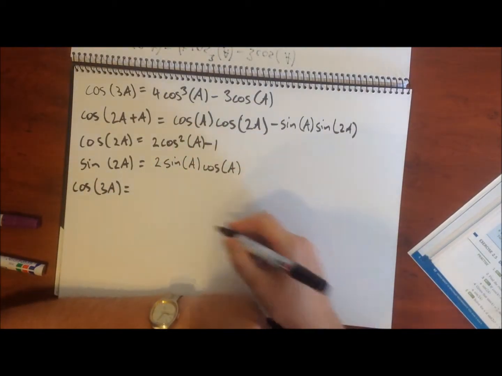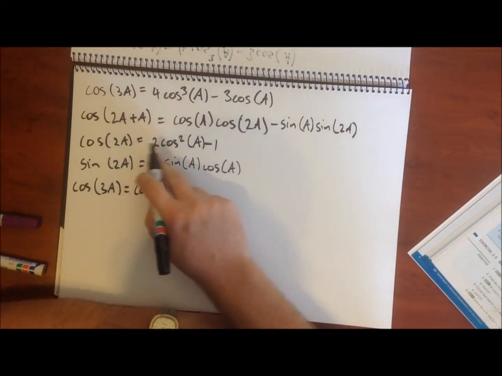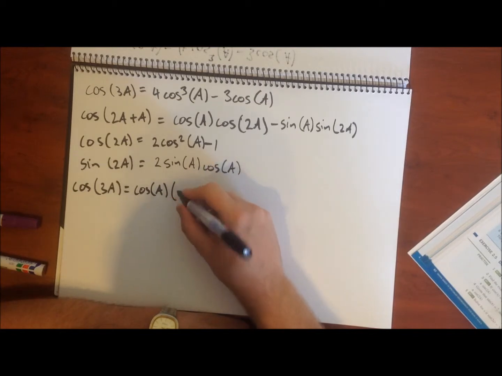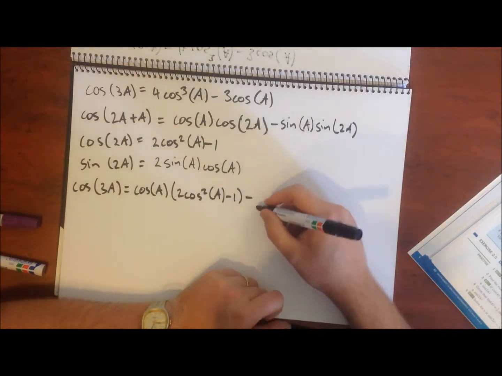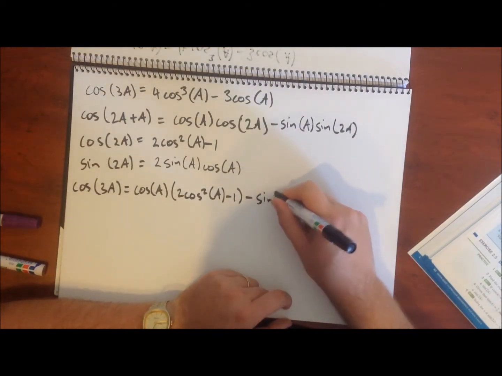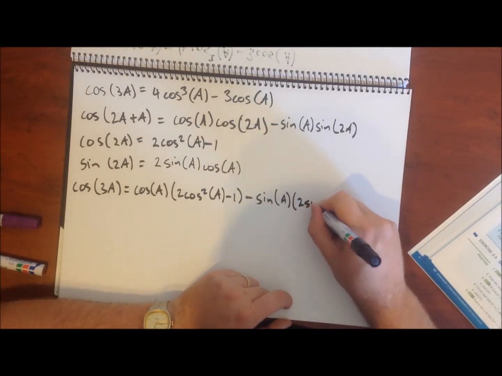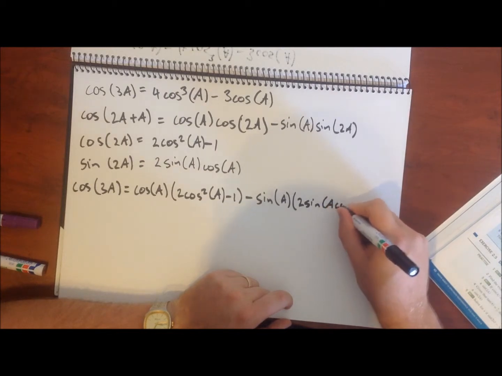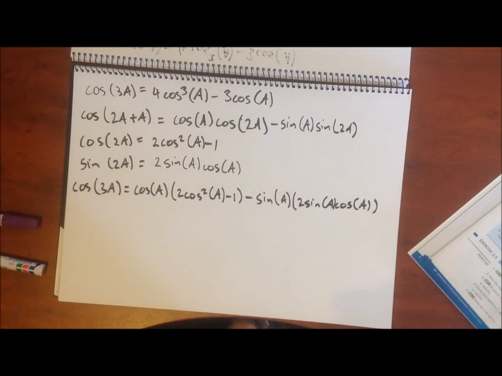So you can say, well, we've got our cos of A, and we've got to times it by all this, by our 2 cos squared A take 1, minus sine of A times 2 sine of A cos of A. Okay, so just subbing those parts into there.